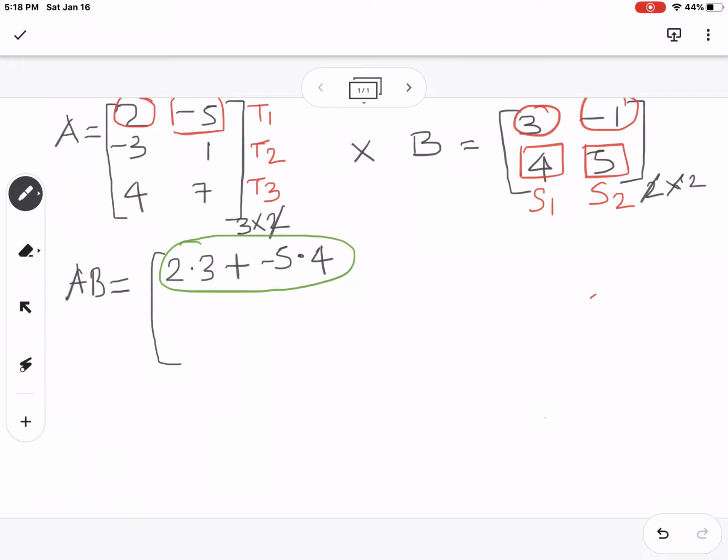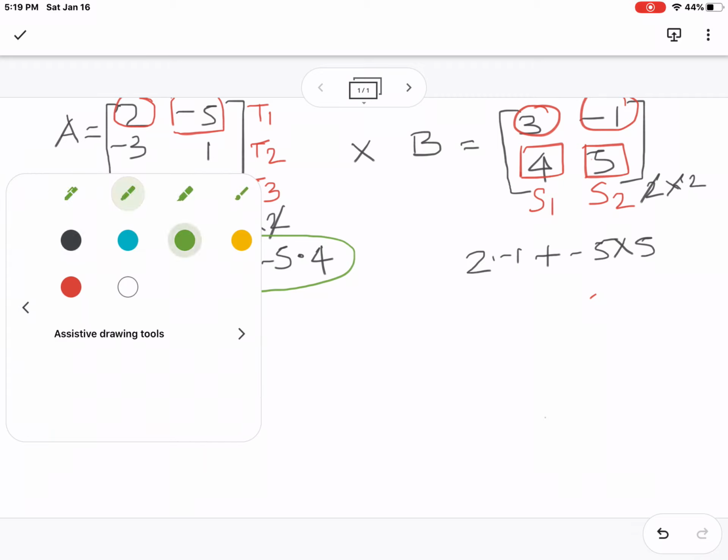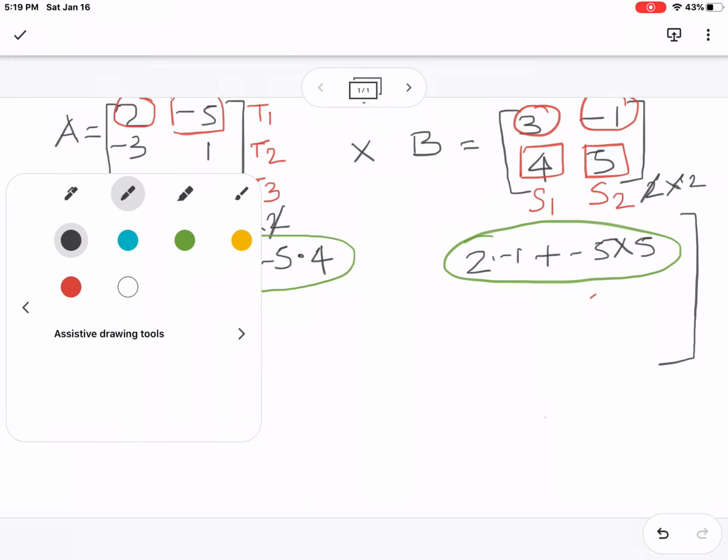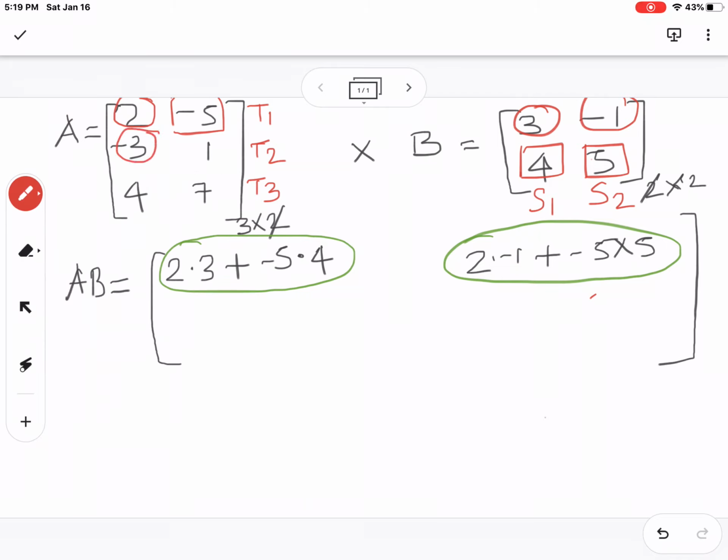So you have 2 into minus 1 plus minus 5 into 5. Let us take this as the second term. Now as you can see, train 1 has completed its journey completely, so you can now close this bracket out here. Let us go to the second train and repeat the same process again so that you have a better understanding.